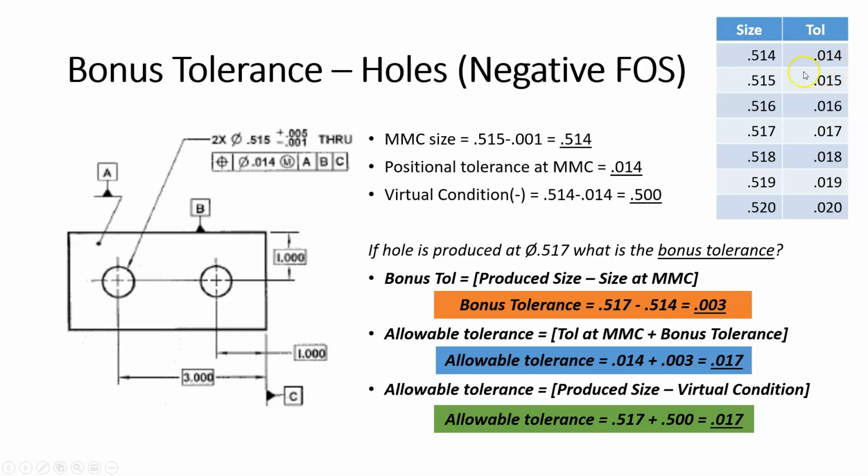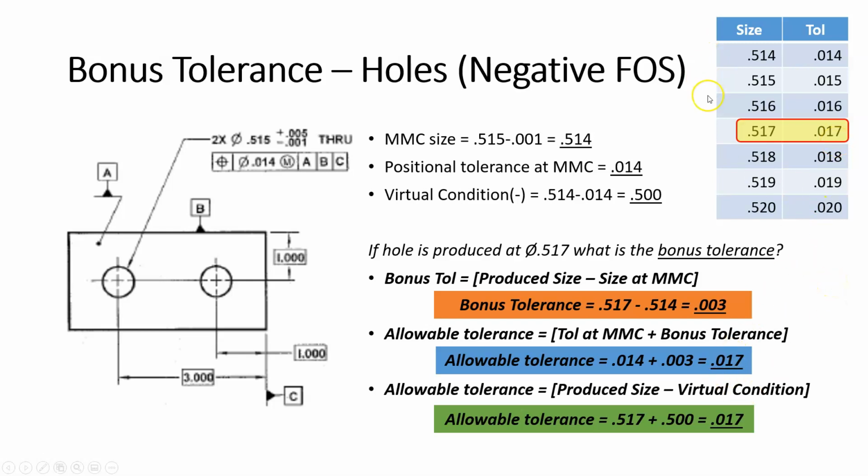Notice, as the size changes, the tolerance changes by an equal amount. So if we increase the size to 0.515, we increase the tolerance by 1 thou. If we produce a hole at 0.517, what is the tolerance? 0.017, right there.